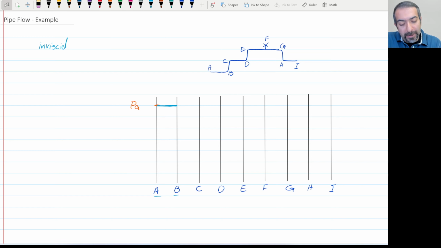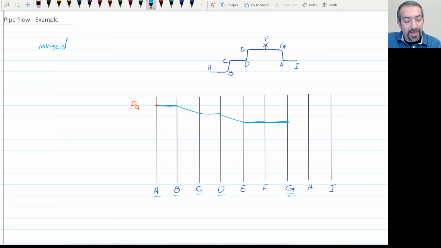So there's going to be a pressure drop from B to C. Now from C to D, again, no pressure drop. D to E, same pressure drop, assuming that the length is the same. And then E to F, it's a horizontal pipe. F is a valve, but if there's no viscosity, the valve is not going to do anything. So it's just going to continue like a straight line to the point G.